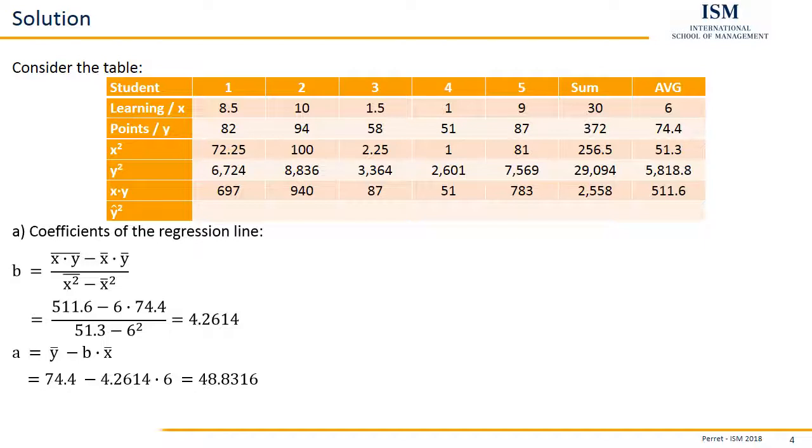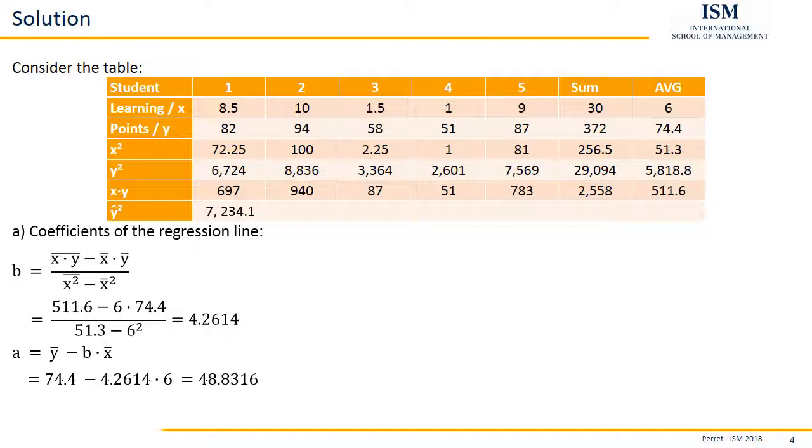So for the first one, we calculate 8.5, that's the x value, times 4.2614 plus 48.8316. This would be y hat. As we want y hat squared, we need to square this result.